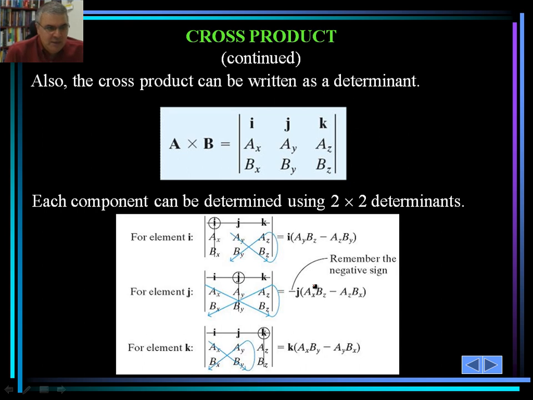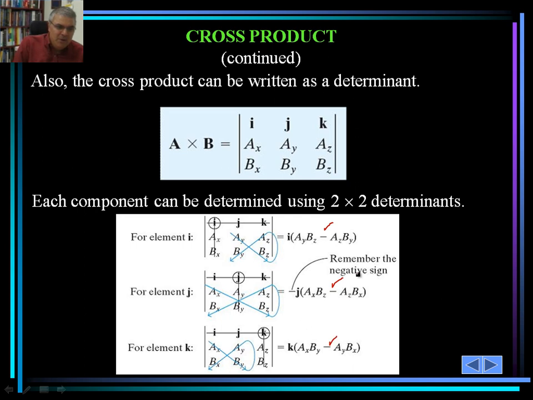For the element J, we cross first line, second column out. We take the determinant by doing a simple multiplication of A sub x by B sub z, again minus. Don't forget these minus signs, the way they appear here I put a check mark on top of them.